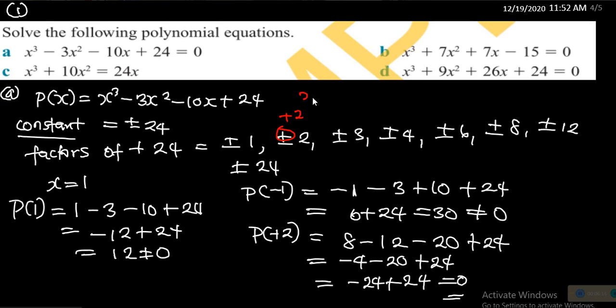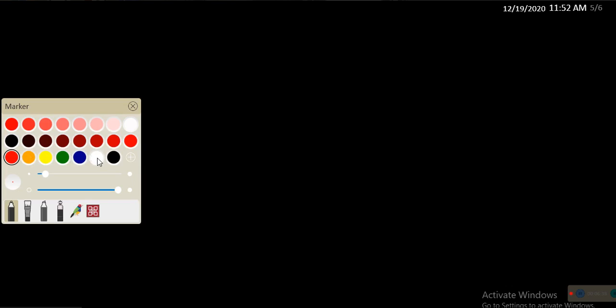So if we take plus 2 as a factor, we have x equals 2, and then x minus 2 equals 0. Okay, so let's go back and now factorize the expression x cubed minus 3x squared minus 10x plus 24. So the next step is to use the division algorithm to factorize the expression so we can get other factors.